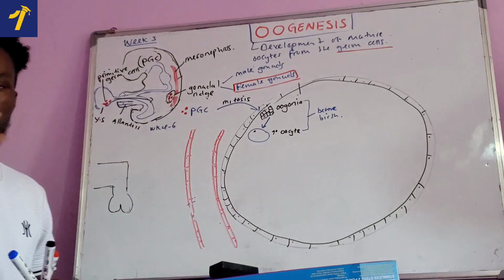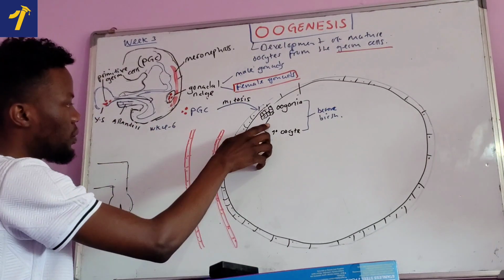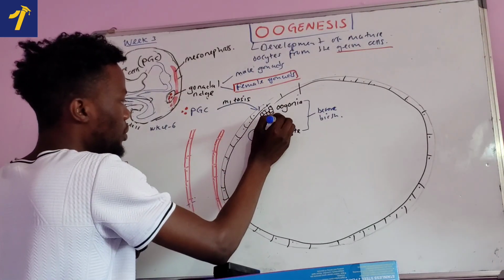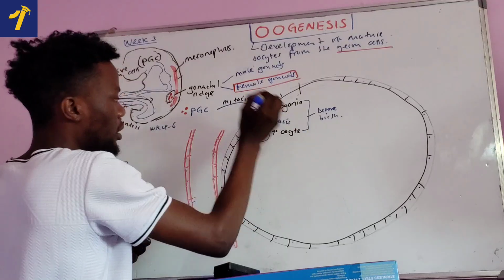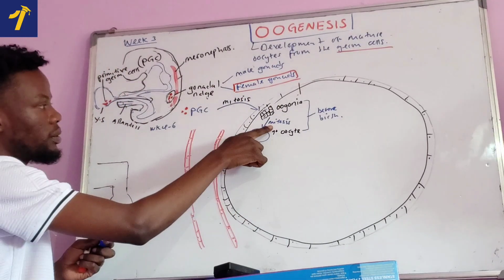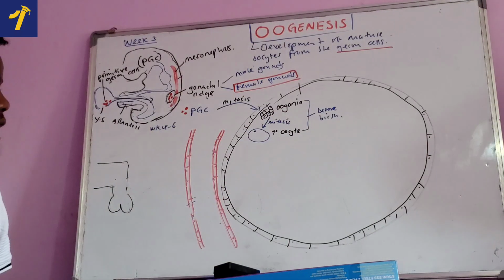These processes are happening before birth, and particularly this is also mitosis. So this is mitosis and this is mitosis, where oogonia are changing into the primary oocyte.